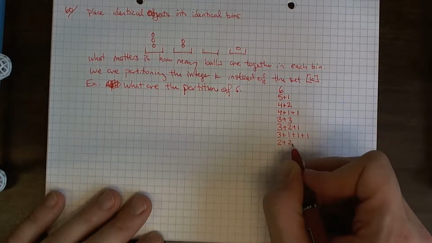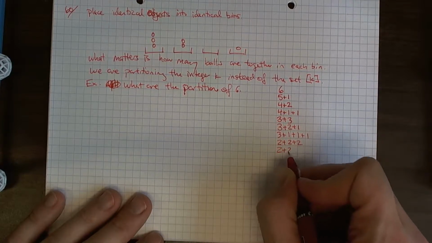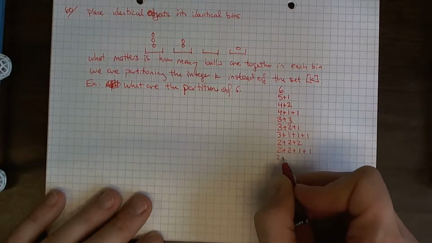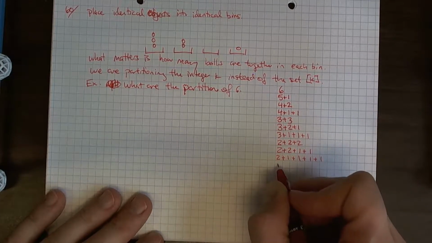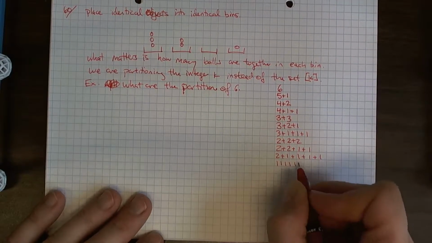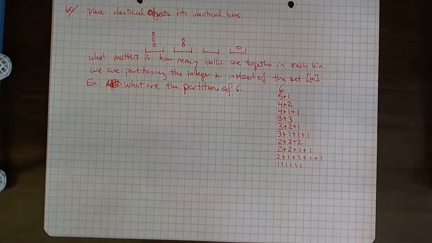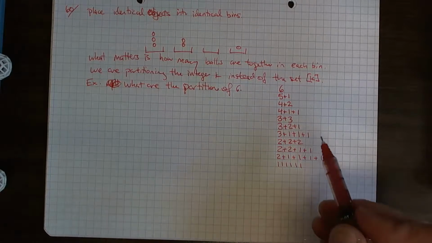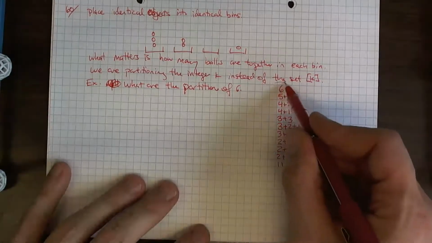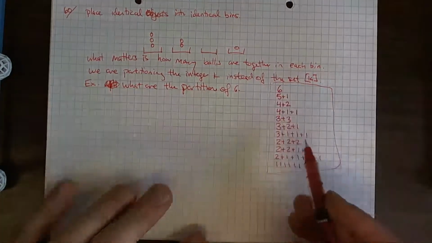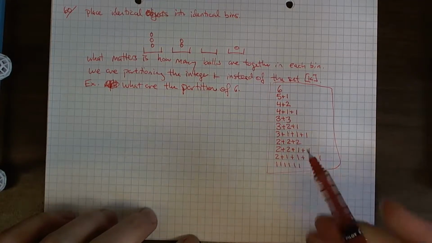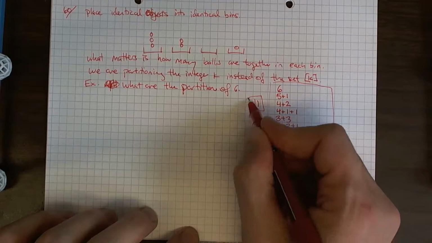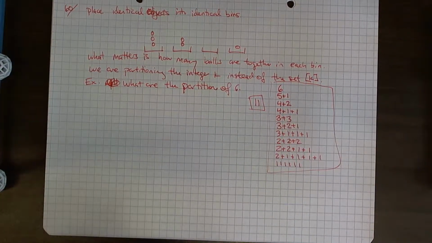We could do 2 plus 2 plus 2. 2 plus 2 plus 1 plus 1. 2 plus 1 plus 1 plus 1 plus 1. Or 1, 1, 1, 1, 1, 1. Boom. So that means that the number of partitions of 6 are 1, 2, 3, 4, 5, 6, 7, 8, 9, 10, 11. 11 partitions of 6.